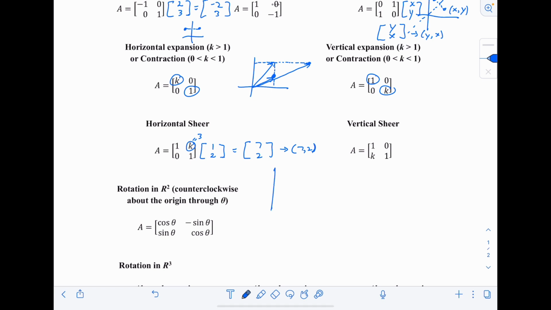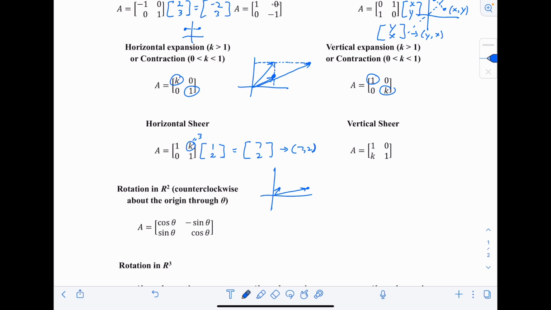So here, what's happening is we started with a point at 1, 2, and that point has now moved to 7, 2. So our vector would have looked like this. Now our vector looks like this. But we didn't multiply the x value by 7. We actually multiplied the y value by 3, and it was the y value that created the horizontal stretch or contraction.